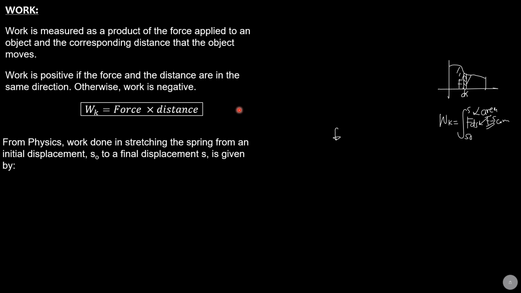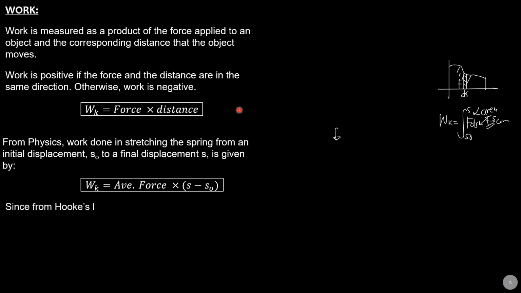And the change in displacement is simply the difference between the final displacement and the initial displacement denoted by S sub O. So since from Hooke's law, force is equal to spring constant times the displacement, then the average force therefore is equal to 1/2 of KS plus 1/2 of quantity KSO plus KS.